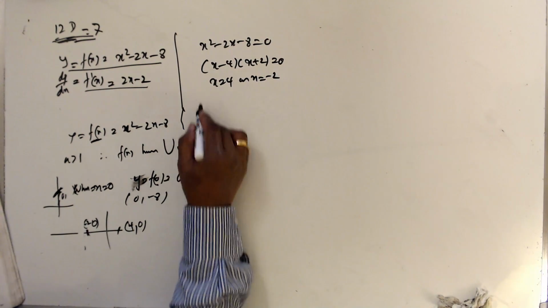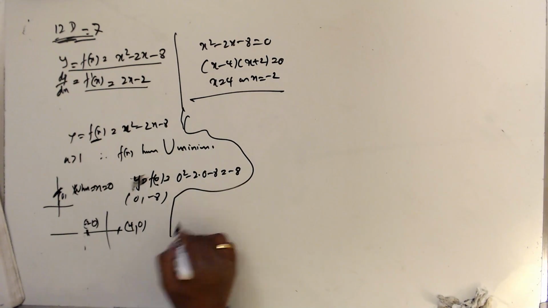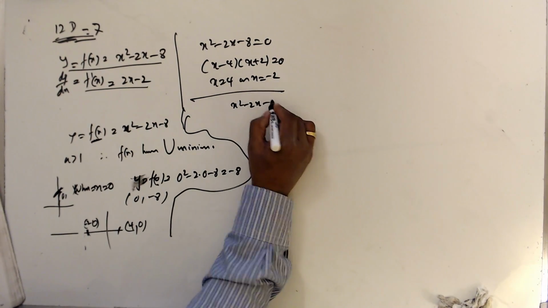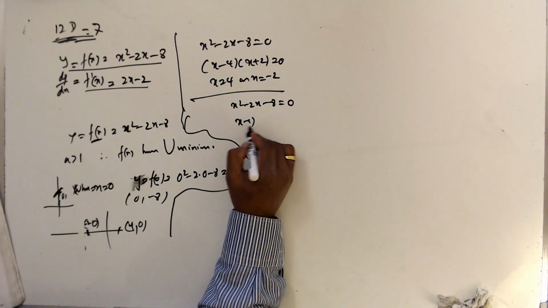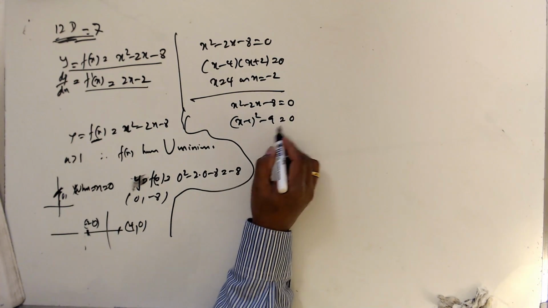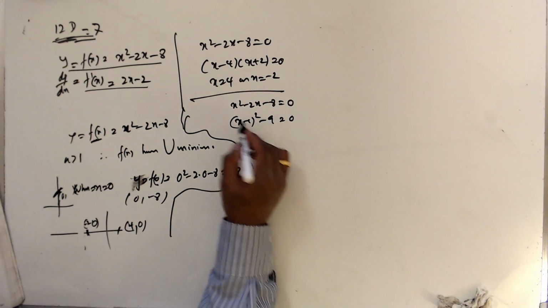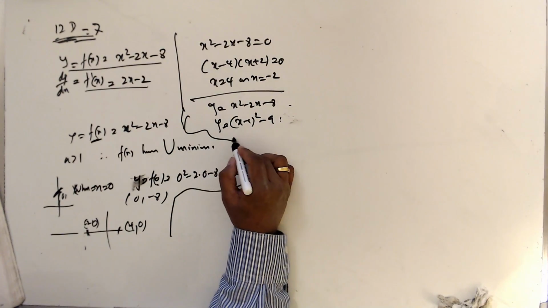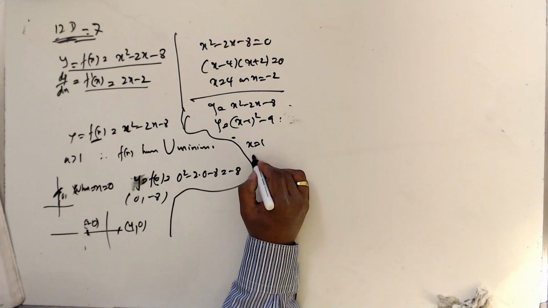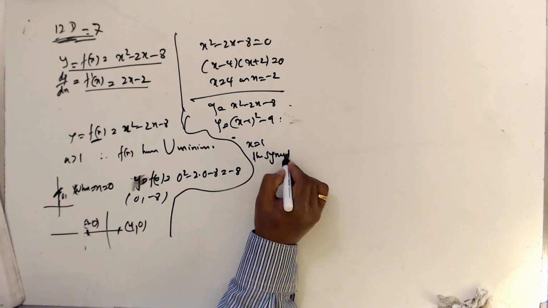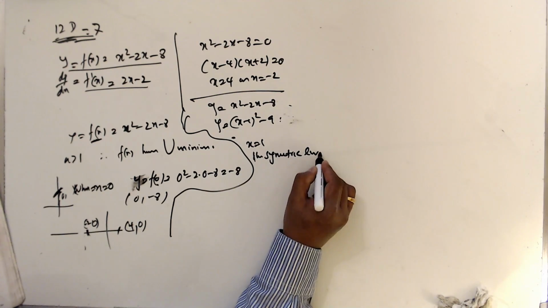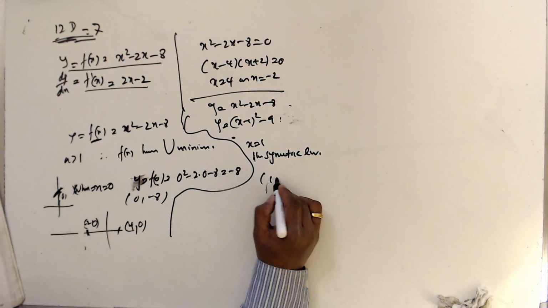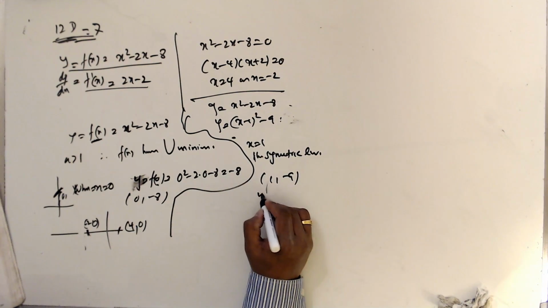What else do we need? We need the minimum point. So we'll complete the square for that. x square minus 2x minus 8 equals 0, so (x minus 1) square minus 9 equals 0. So then actually, y equals this. So x equal 1 is the line of symmetry, and minus 9 is the minimum.